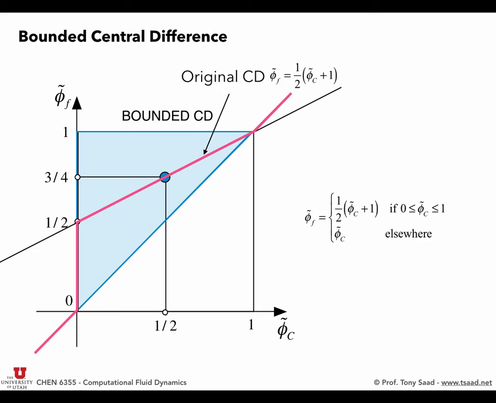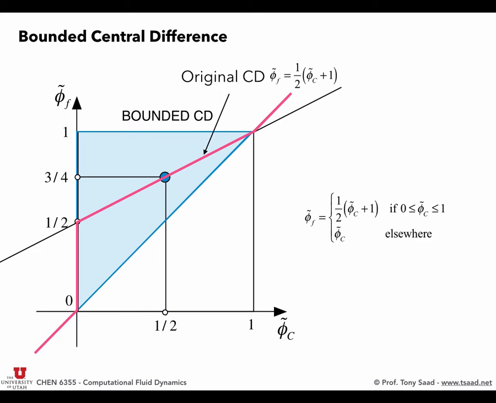So I thought before you said that at phi tilde c equals 0, you have to be 0. So yes, you can change that. In practical situations we're never going to hit 0, so you can just make it greater than. It's not an issue. Don't lose sleep over it.